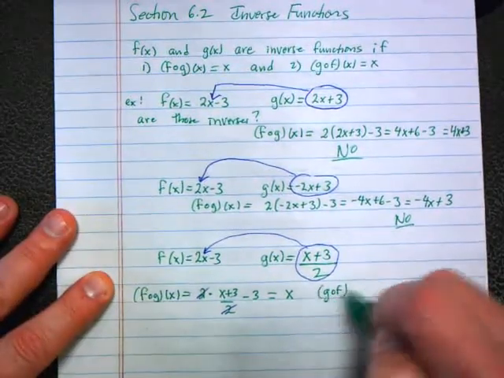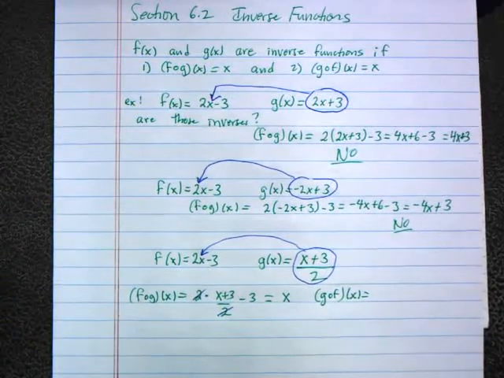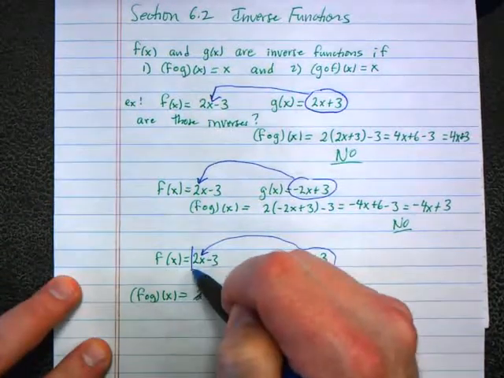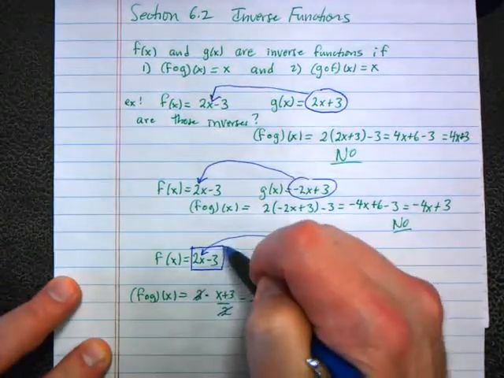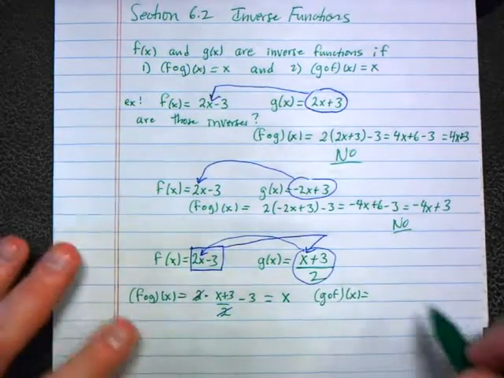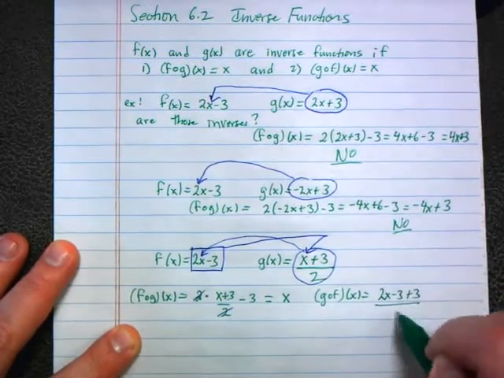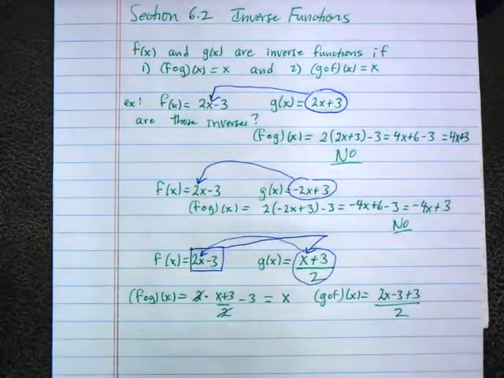We got to do g of f of x. So g of f would mean we start with f this time, and we stick it in right there for that x. That's going to be 2x minus 3 plus 3, all divided by 2.